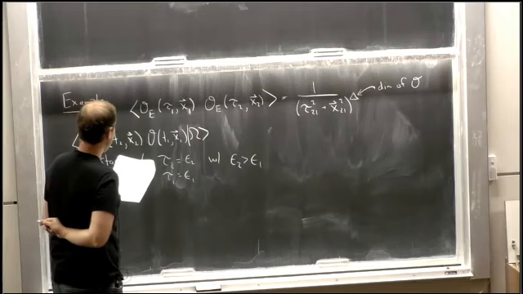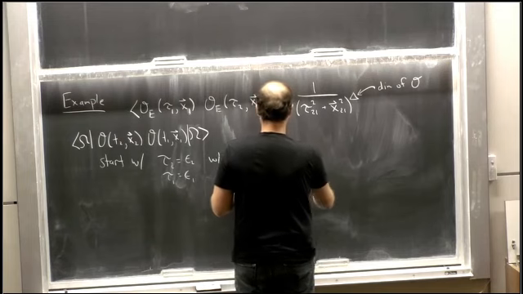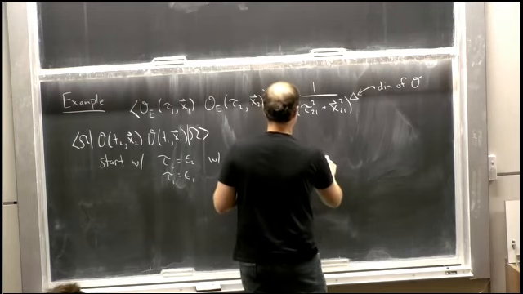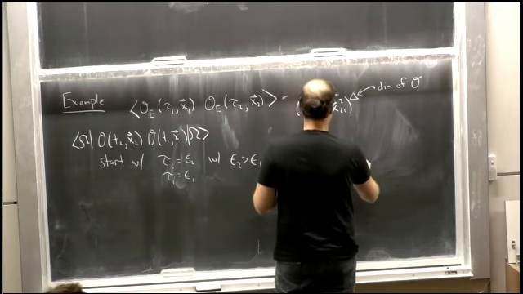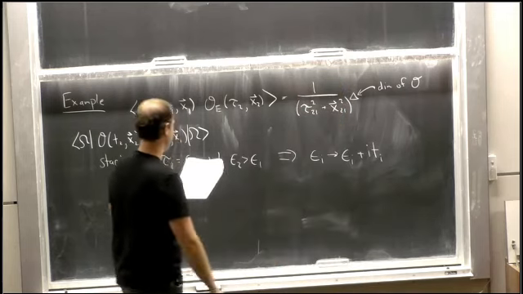And then the next thing we do is continue these epsilon i's by adding imaginary parts, which will become the times of the operators in Lorentzian signature.